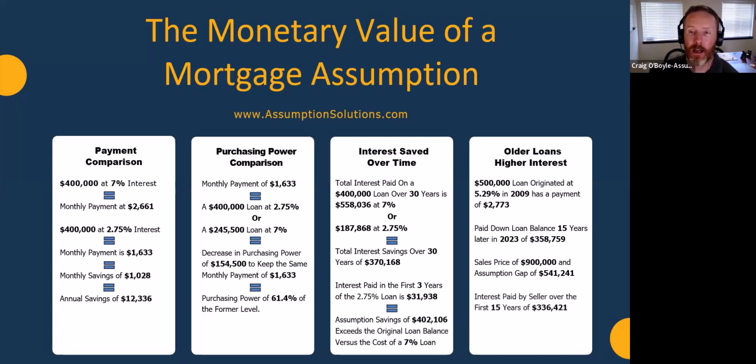The interest paid by the seller of that loan over the first 15 years totaled over $336,000. That is interest that is front-end loaded in an amortization schedule, and it was already paid by the seller of that home. It would no longer be something that needed to be paid by the buyer.